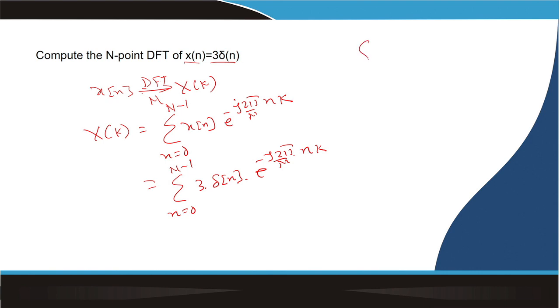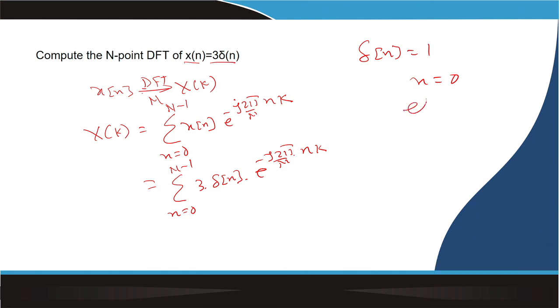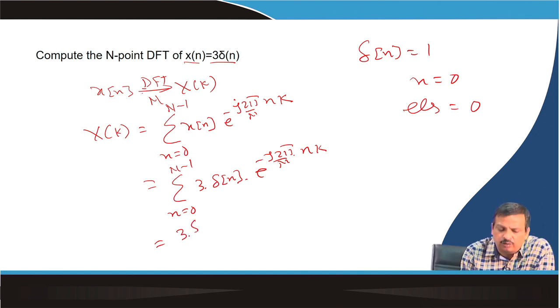Now, you know delta n is equal to 1 when n equal to 0, and elsewhere it is 0. So, this only exists when n equal to 0. So, 3 into delta 0 into e to the power 0, which is nothing but 3 into 1, equal to 3.